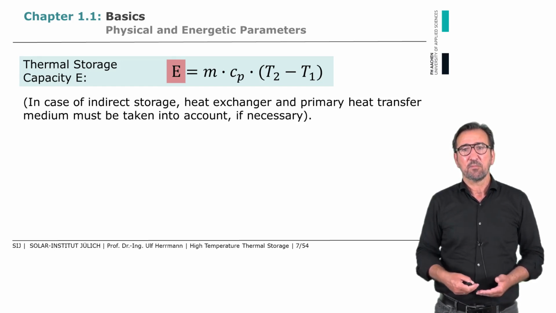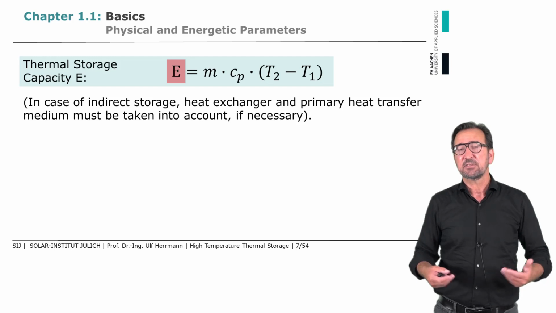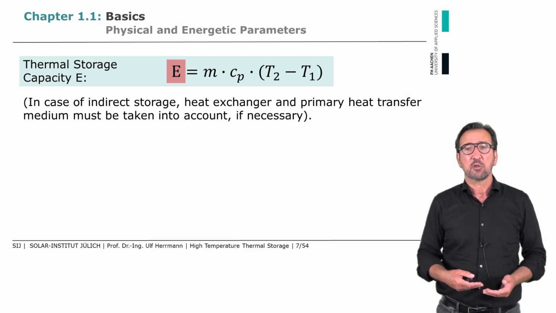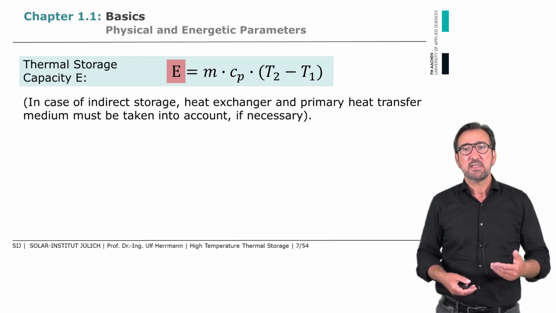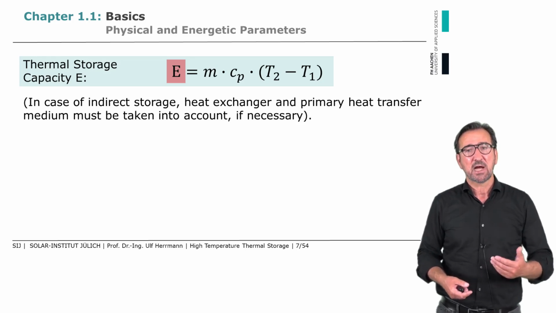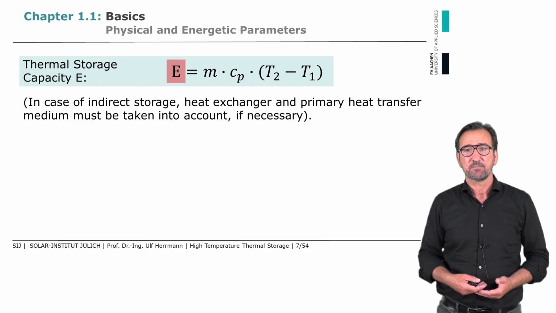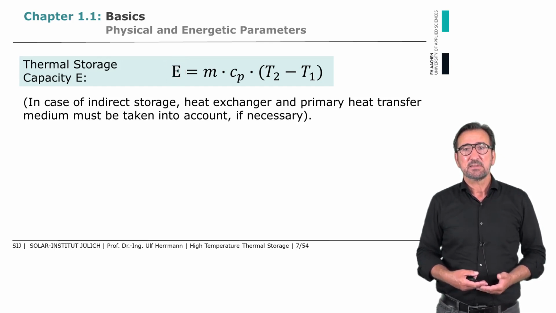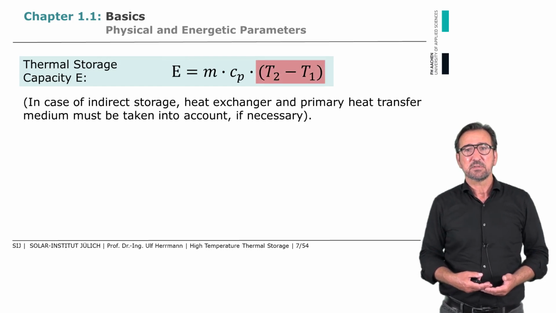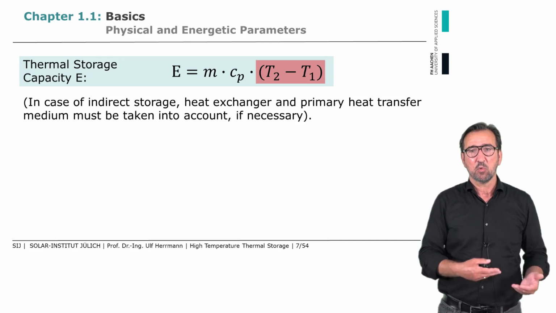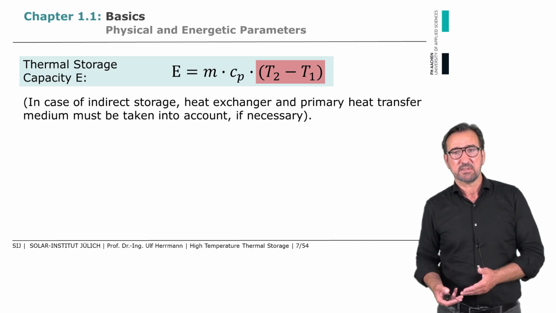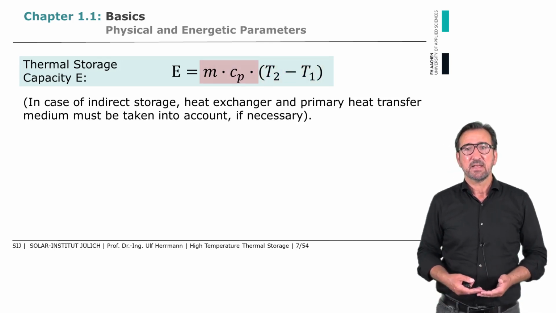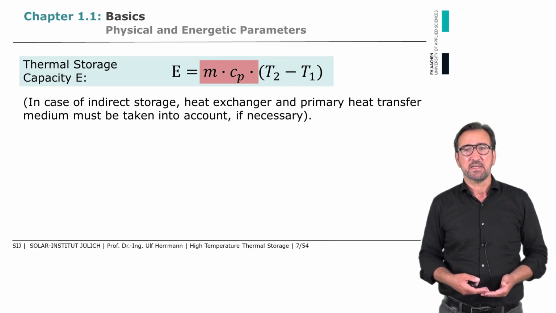It is the sum of the total amount of energy transferred to the storage and is just another form of the first law of thermodynamics, which is here applied to a complete charging or discharging cycle. In case of a sensible storage, it is calculated from the temperature difference of the storage medium in the loaded and the unloaded state, multiplied by the mass of the storage and the specific heat capacity.